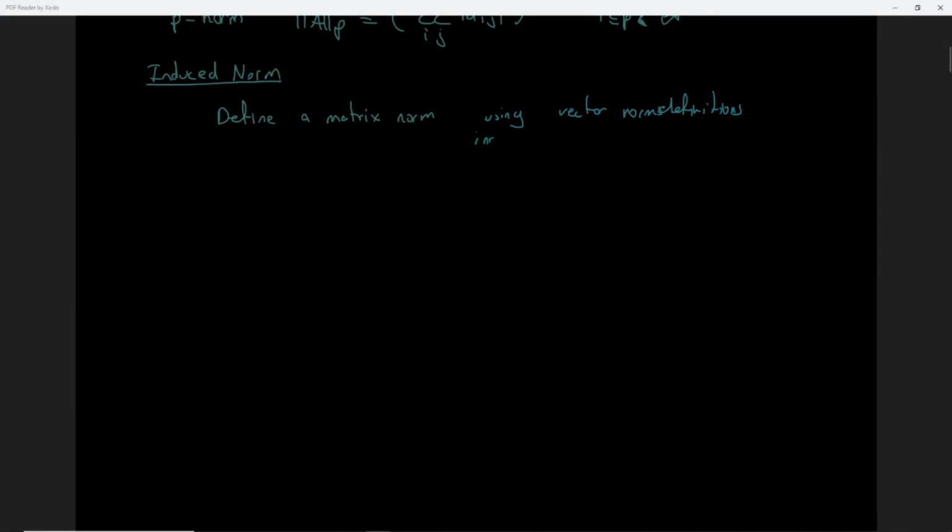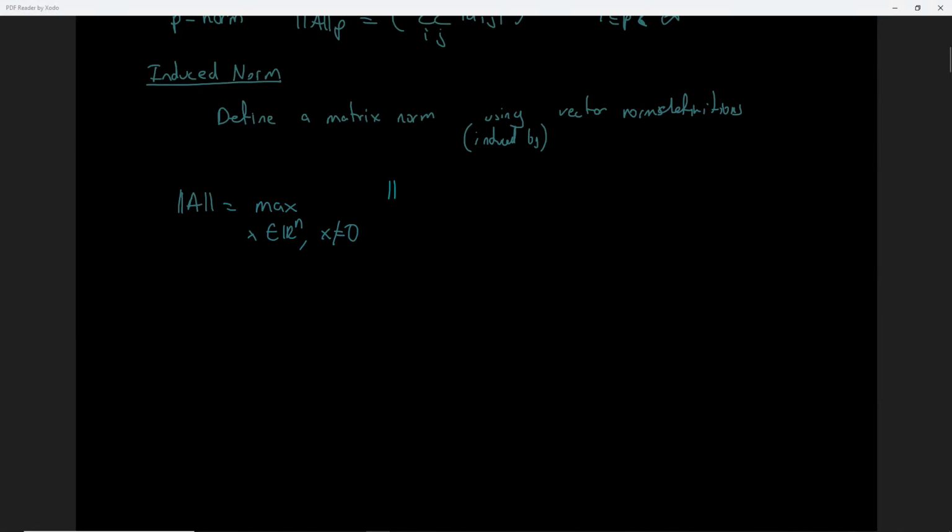So this is actually induced by the vector norm, so that's the reason why we have the induced norm. All right, we said that, okay, then we can define this norm of a matrix as the maximum over all possible x's in this Rn, such that x is different than the zero vector.